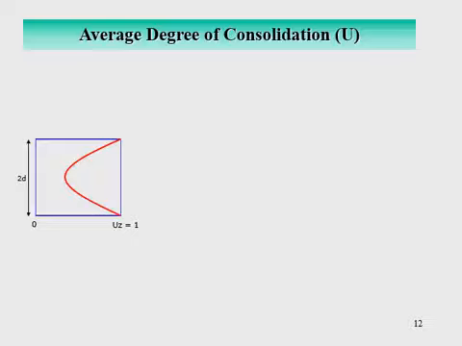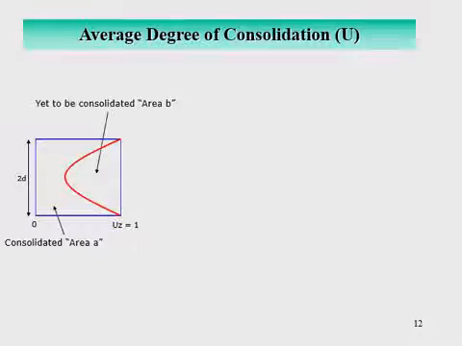So this is called average degree of consolidation. And how can we find this? This is an isochrone, right? You can assume that this is the area which has been consolidated and this is the area that has yet to be consolidated.